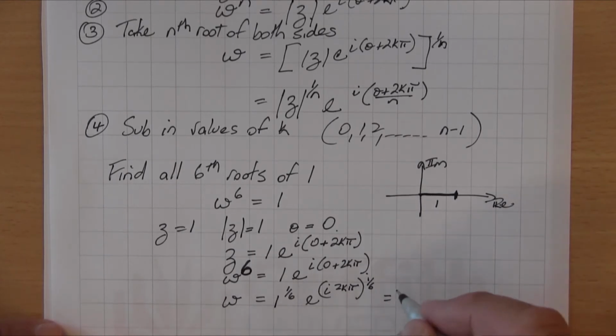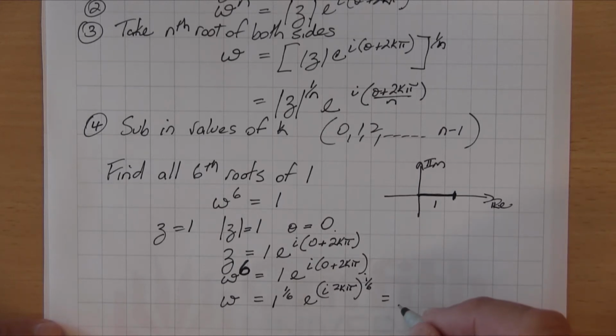And that's equal to, 1 raised to the power of 1/6 is just simply 1, so we won't write a 1 there. e to the i, now it'll be 2k pi, we're going to multiply these two indexes together, so it'll be 2k pi over 6, 2 over 6 is 1 on 3, so it'll be k pi on 3.